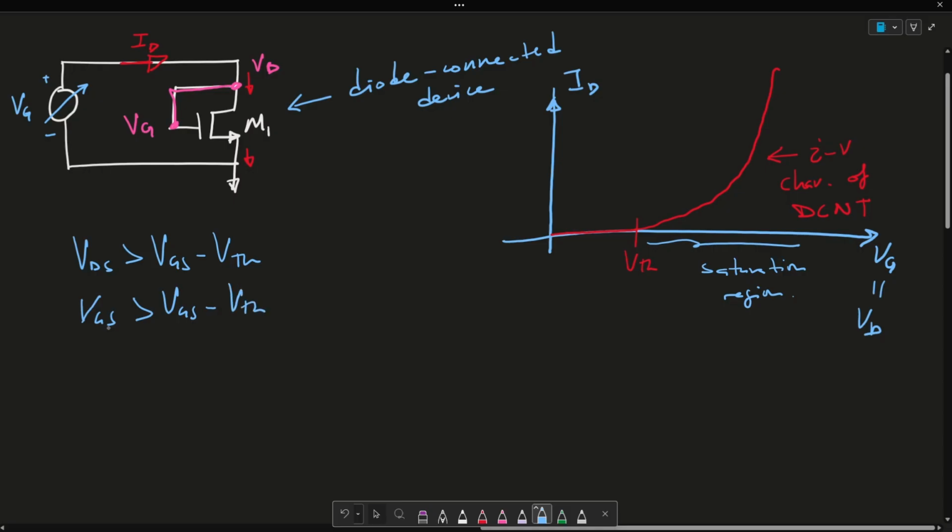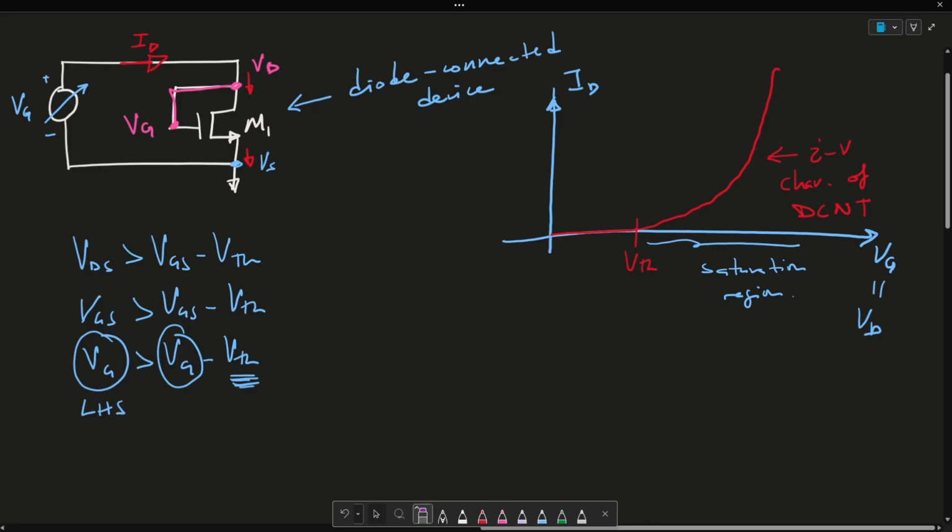Another way to see this is that VS, which is connected here, is basically ground. So VG is greater than VG minus VTH, which is true because, again, this VTH is like 0.7. And whatever VG is, it's already on this side. So you take its value and subtract 0.7. So this left-hand side is going to be bigger.